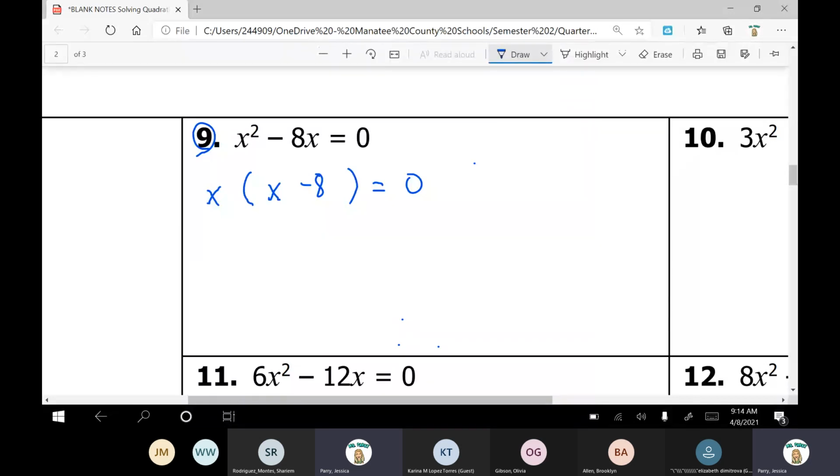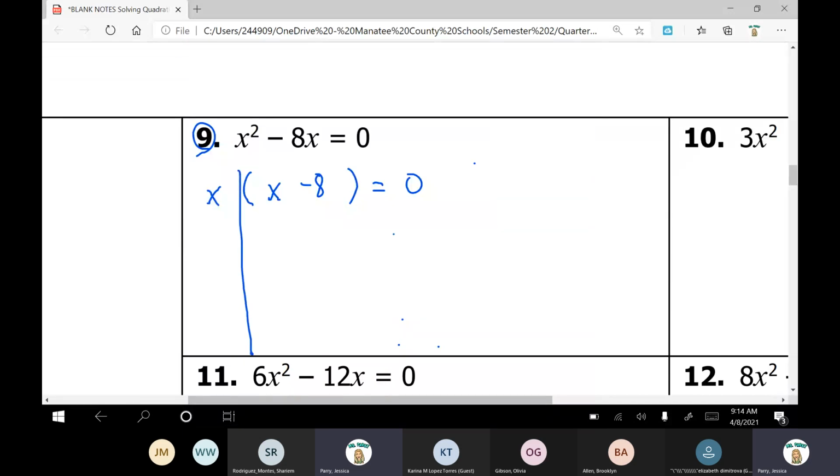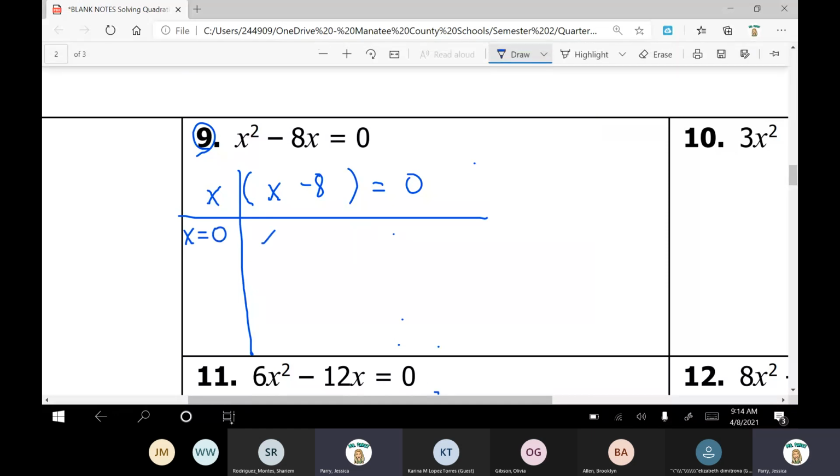Again, we're still going to do our little piece of organization. I'm going to draw my line down the middle to split it up. We've got x as one factor, and x minus 8 as another factor. I'm going to set this x equals 0, and the other one, x minus 8 equals 0.